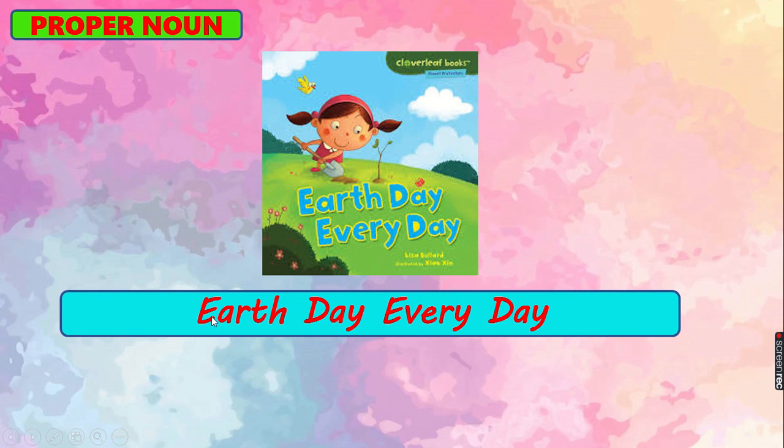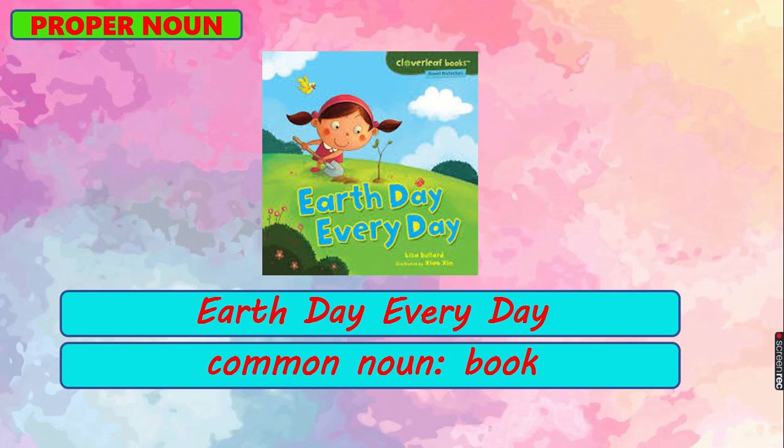Earth begins with capital E, Day begins with capital D, Every begins with capital E, and the last word begins with capital D. Let's read the proper noun. Earth Day, Every Day. This is the title of the book. All titles of books, all titles of movies, are proper nouns, and they all begin with a capital letter. The common noun for Earth Day, Every Day is book.